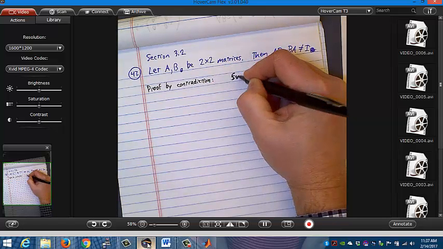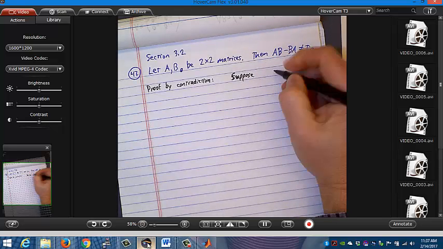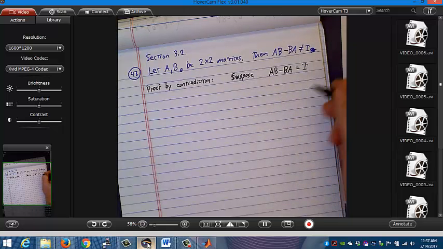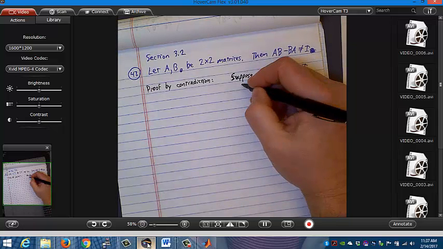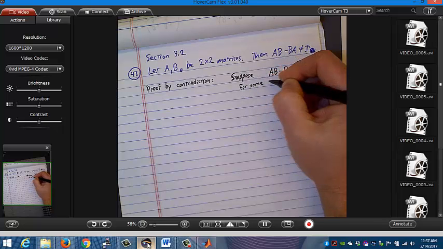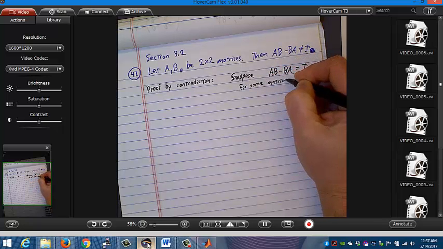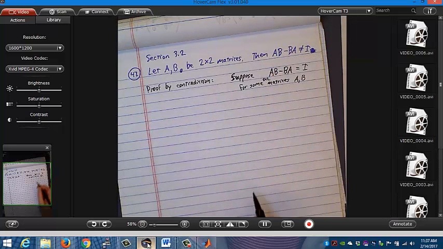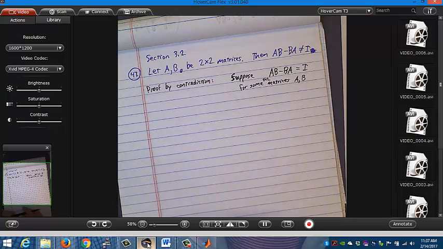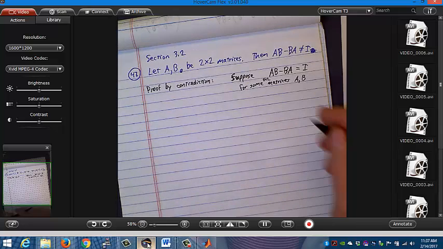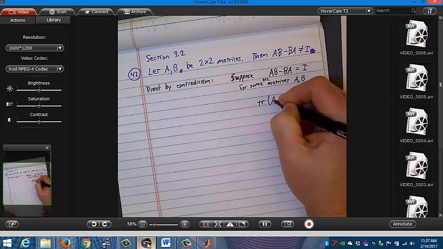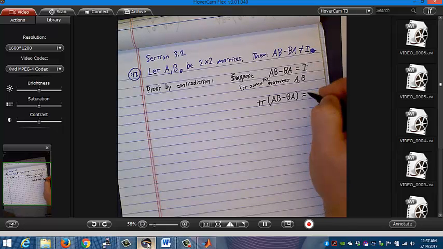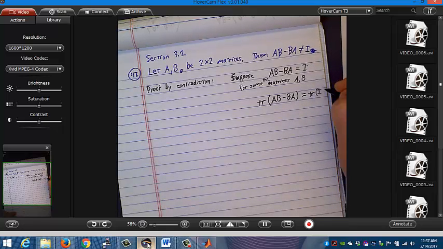Suppose that this happened: AB minus BA equals I for some matrices A and B, 2 by 2 matrices. Well, then you take the trace of both sides. The trace of AB minus BA would have to equal the trace of I, right?